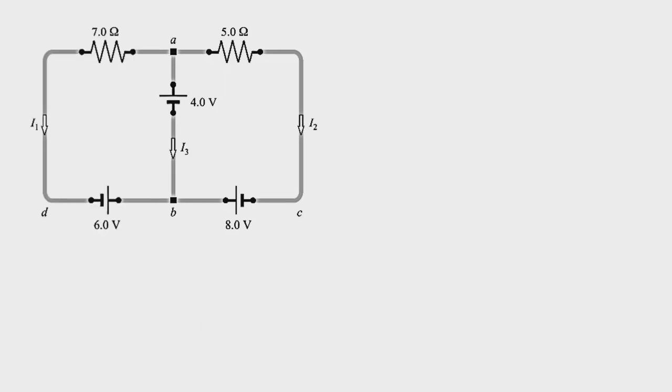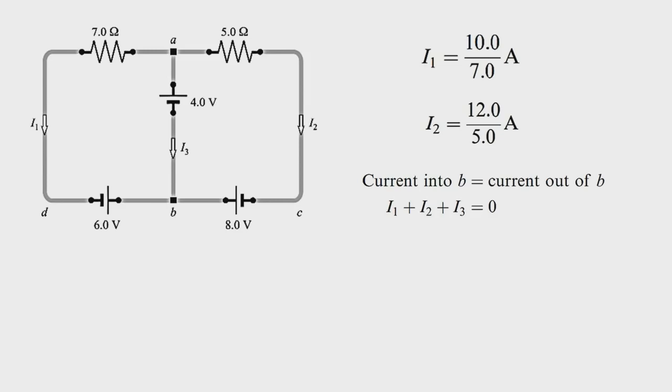Now going back to the original circuit, after the isolation of the two loops, we will now be able to solve for the current, because I1 is equal to 10 over 7. I2 is equal to 12 over 5. Now what about I3? How to solve for I3?